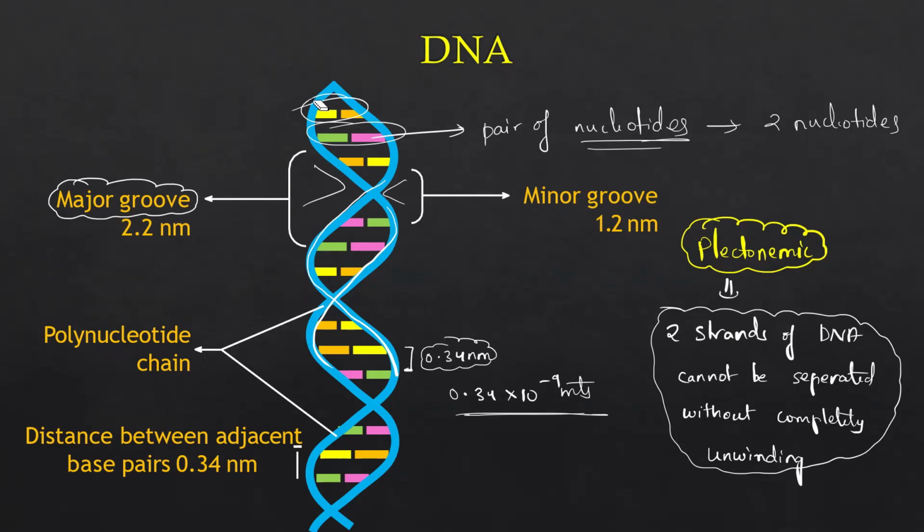See here, there are two strands present. Each of them is anti-parallel in nature. That means if one strand is 5 to 3, the other one will be 3 to 5. Both strands run parallel to each other, so they have an equal distance between the two opposite base pairs.